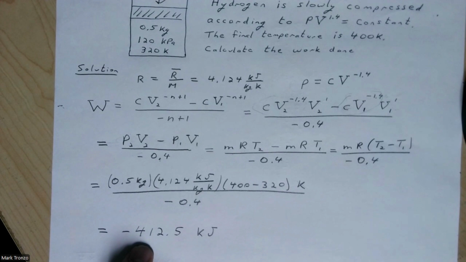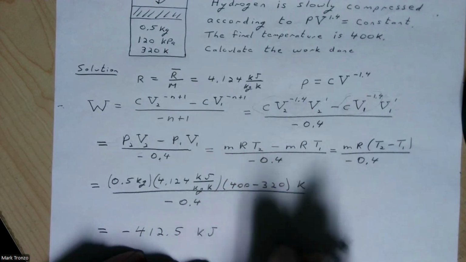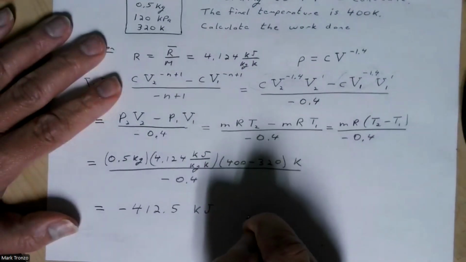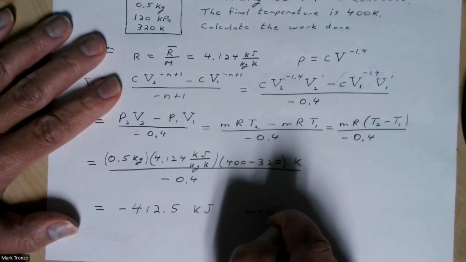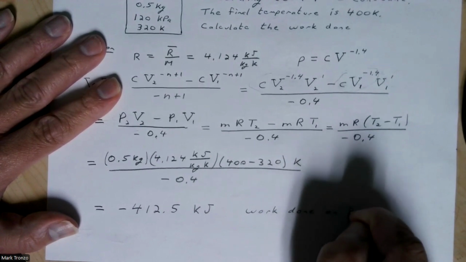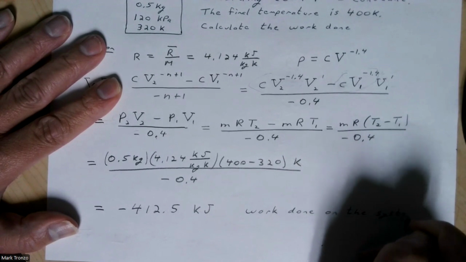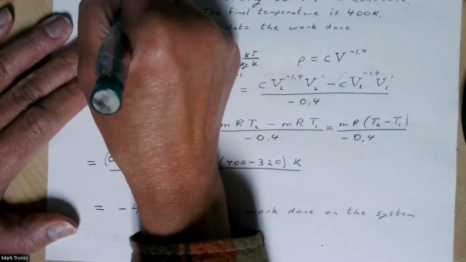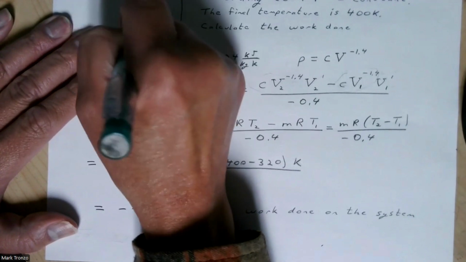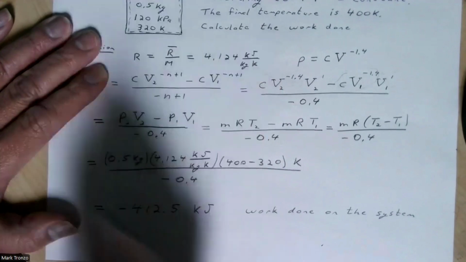And again, because it's negative, that means the work is done on the system, which makes sense because it compressed the gas. And the system is going to be the gas, like this.